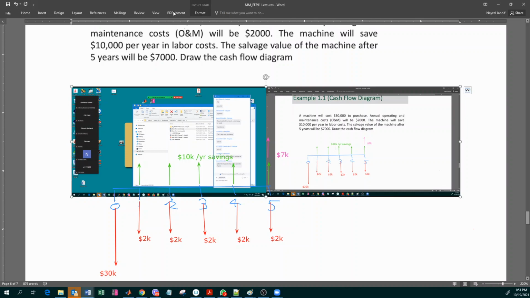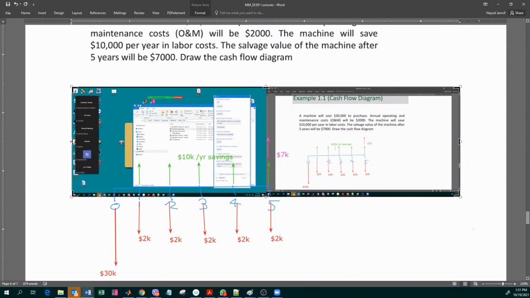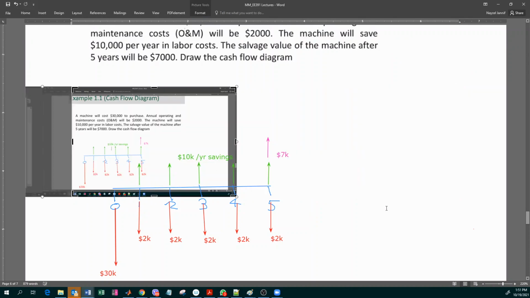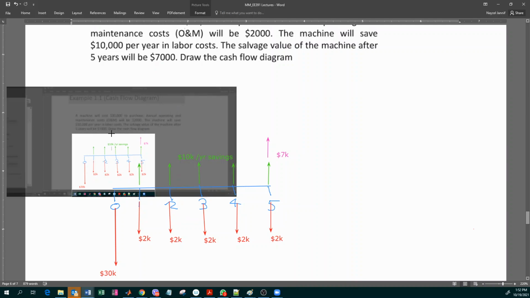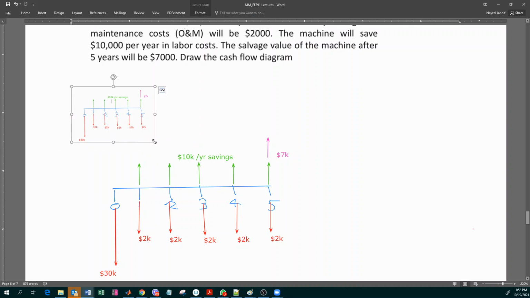Okay. And then I'm going to crop my print screen so that we can have the answer embedded within, and then we can always refer to this thing.